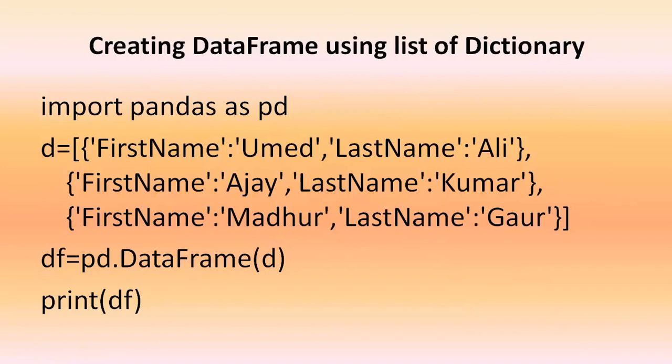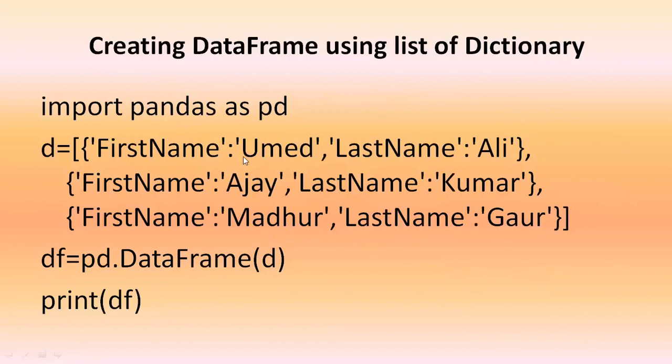Next, creating data frame using list of dictionaries. Now we want to create a data frame with the help of a list of dictionaries. It means that we have dictionaries, and we make a list of them, and then we create a data frame. Here you can see import pandas as pd. The first dictionary is first name Umaid, last name Ali, two columns here.